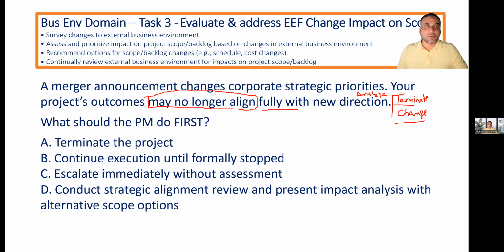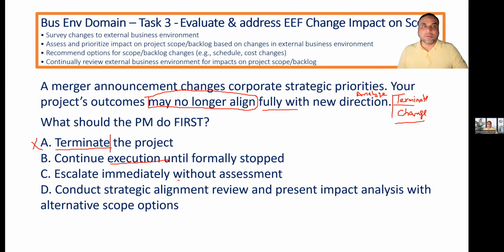Terminate the project, continue execution until formally stopped, escalate immediately without assessment, conduct a strategic alignment review, and present impact analysis. Is it your decision to announce? You will take this decision? No. So it cannot be the answer. And you cannot ignore anything.